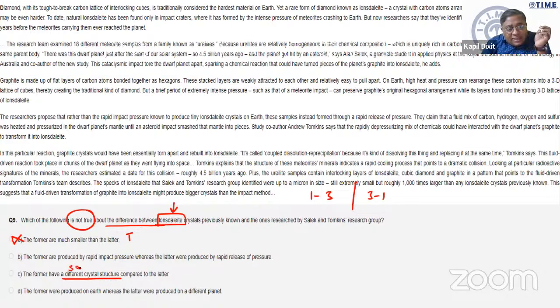No, they have the same crystal structure because both are Lonsdaleite. So only the chemical structure can differ, the crystal structure is the same. Hence, answer. Agreed? Easy question. One could have easily attempted.